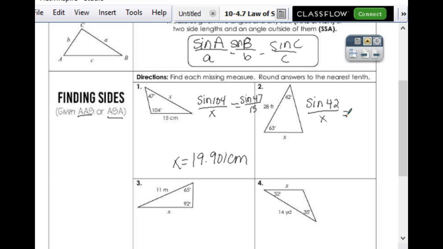Right? So it's one of the very few times we're going to use geometry. All three of them have to add up to 180. So this angle ends up being 75. So I'm going to have the sine of 75 over 28. And so again, it's just cross multiplication and divide. So multiply, make sure you came up with what I did.